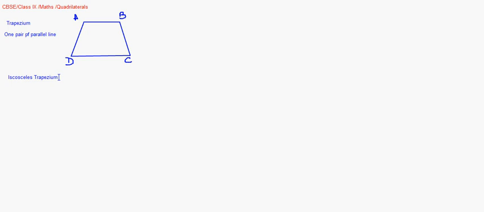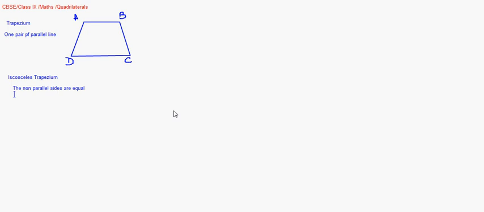Not much difference, only when in the same figure and the same property wherein AB is parallel to DC, but the non-parallel sides, in this figure, the non-parallel sides are AD and BC. If they are equal, this trapezium becomes an isosceles trapezium. The non-parallel sides are equal. Okay, this is about trapezium.